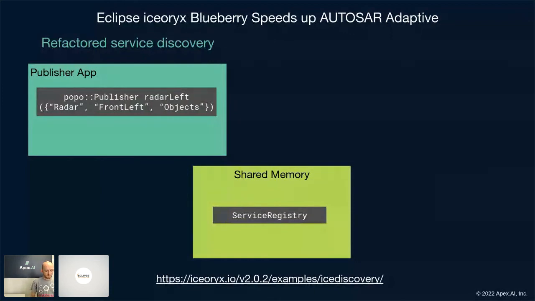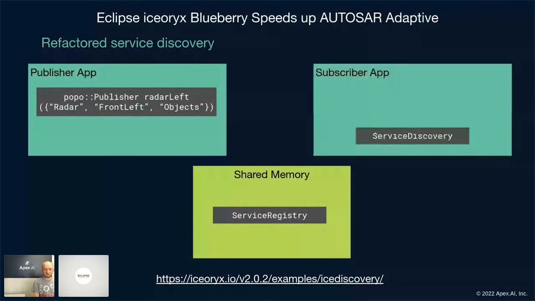And now imagine we have a subscriber app starting up, and the subscriber app isn't aware of what kind of samples or topics are currently offered in the system. And this is exactly what the service discovery is for. So with the service discovery, we can query the service registry, which is residing in the shared memory. So let's do that.